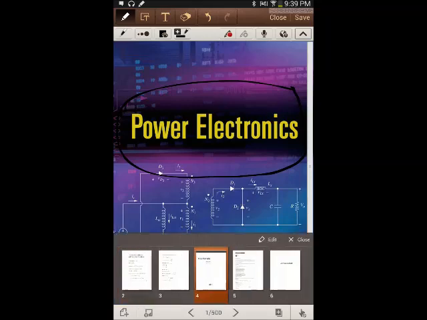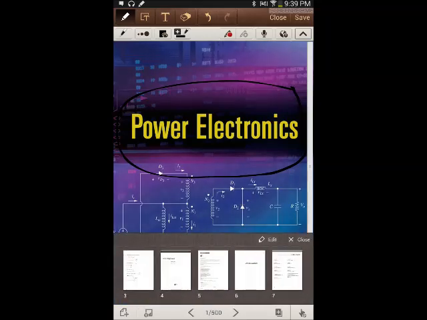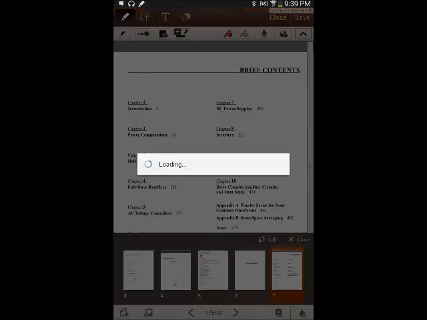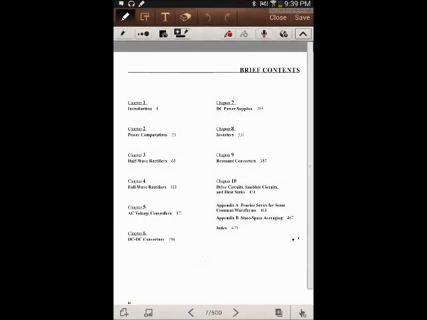And the topics that I will cover for this course are shown here. I will talk about power electronics briefly as an introduction for those who don't have a background.